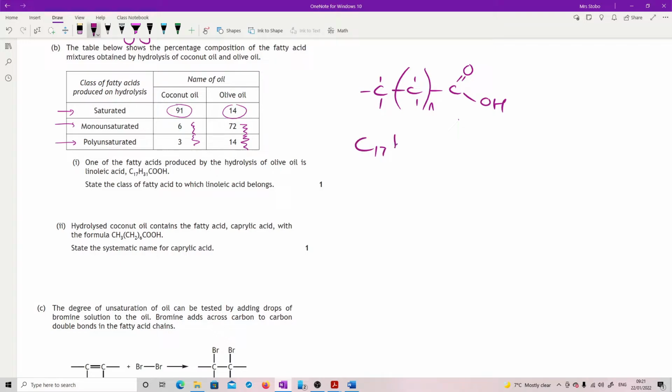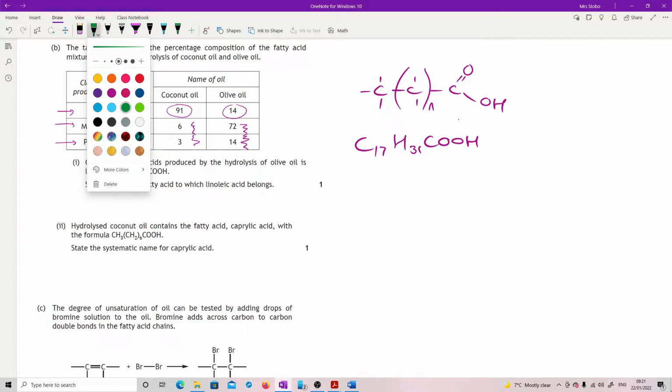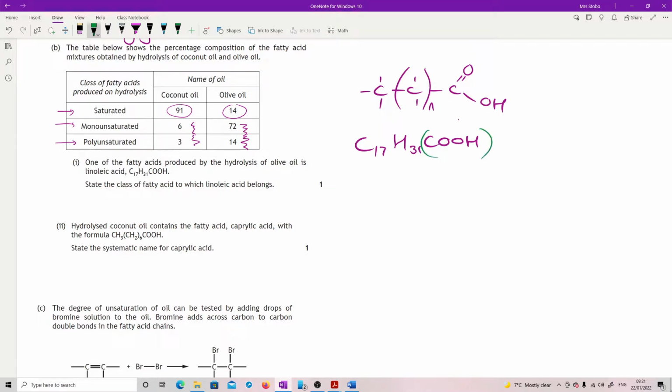So if I've got C17H31COOH, let me just get another colour. Okay, this bit here is the acid group, so I'm going to take that out of my formula, and then I want to take out the CH3, because that then leaves me with C16H28. Now I can look at it and say, do I have enough hydrogens for me to go CH2, CH2, CH2, CH2?